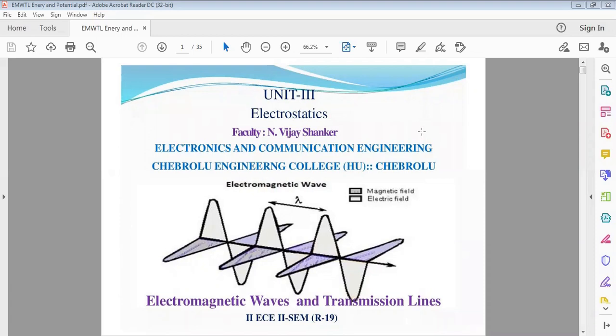Today, we are going to discuss the energy density in electrostatics or electrostatic fields. Energy density in electrostatic fields.